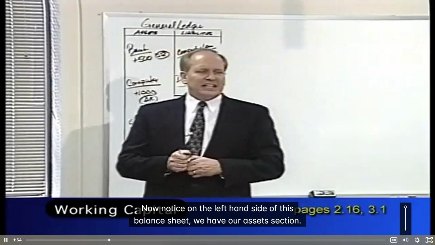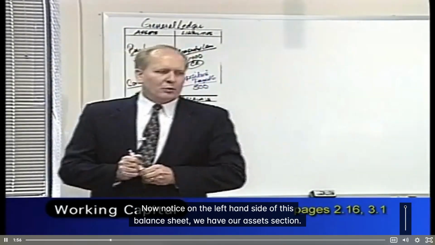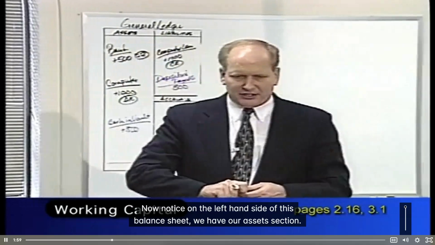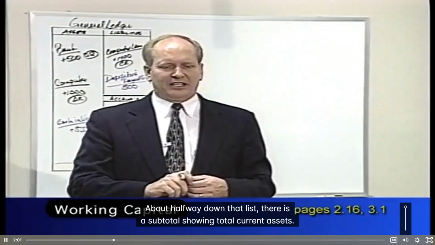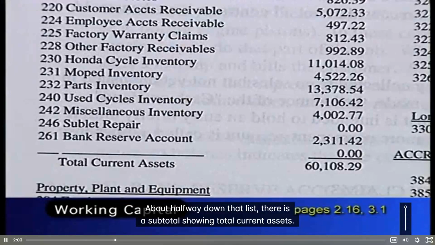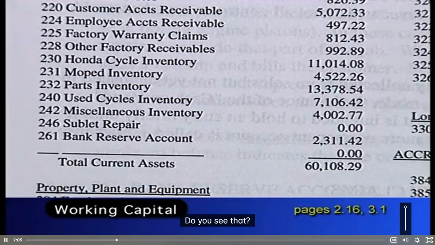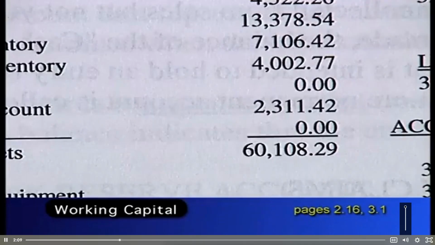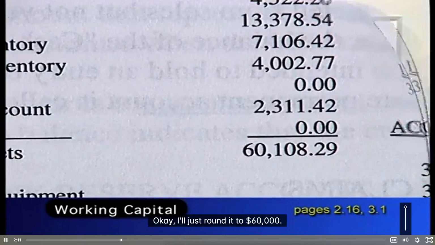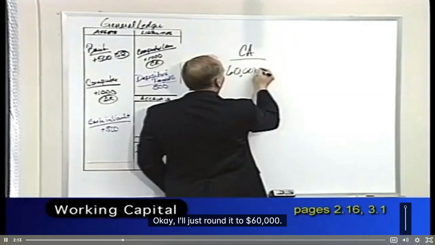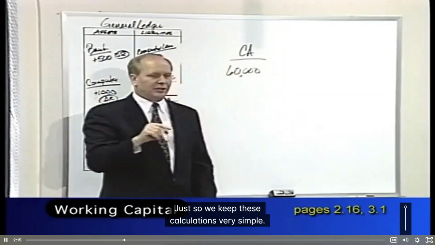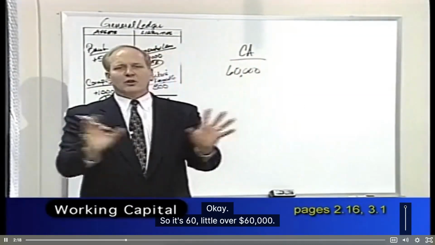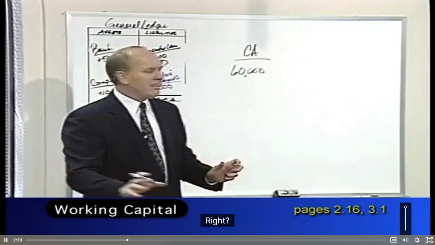Now notice on the left-hand side of this balance sheet, we have our assets section. About halfway down that list, there is a subtotal showing total current assets. Do you see that? How much do we have in current assets? Okay, I'll just round it to $60,000 just so we keep these calculations very simple. So it's a little over $60,000, right?